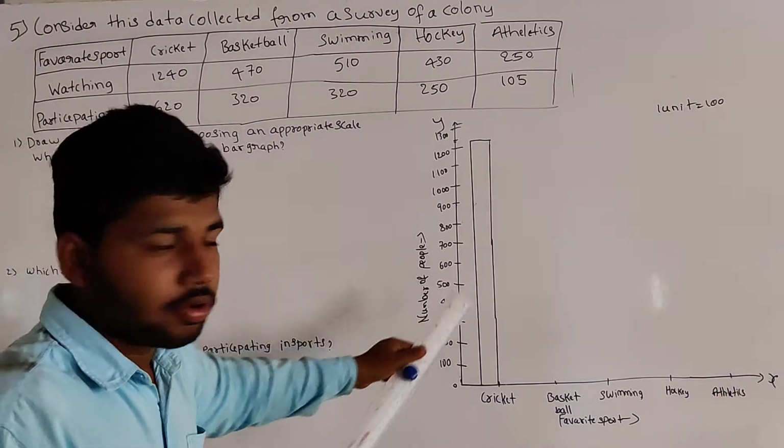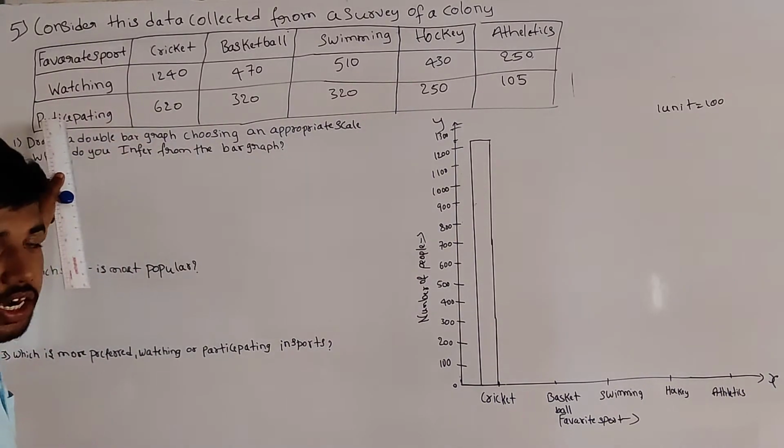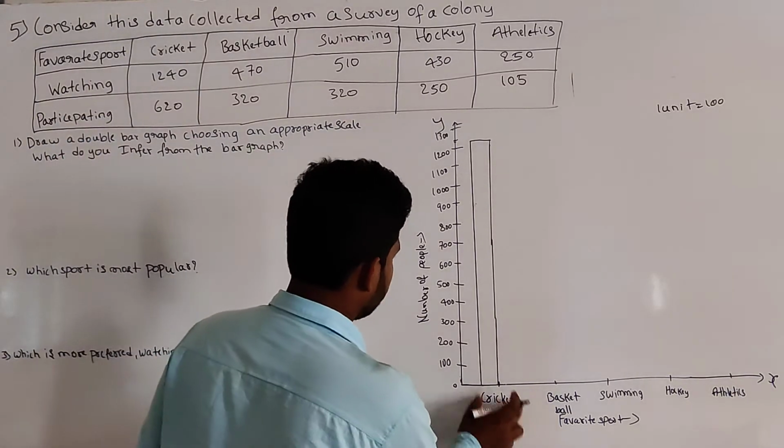Now the second data: the number of people participating in cricket is 620. Take it from cricket up to 620.